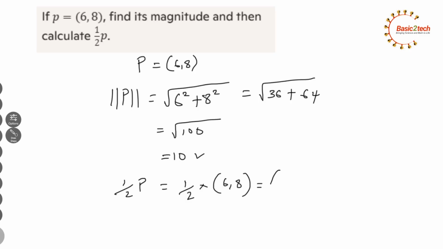So half times 6 is 3, and half times 8 is 4. So this is the shrunken version of P.